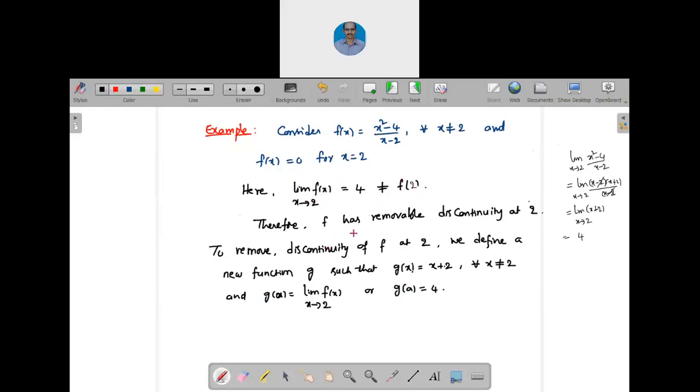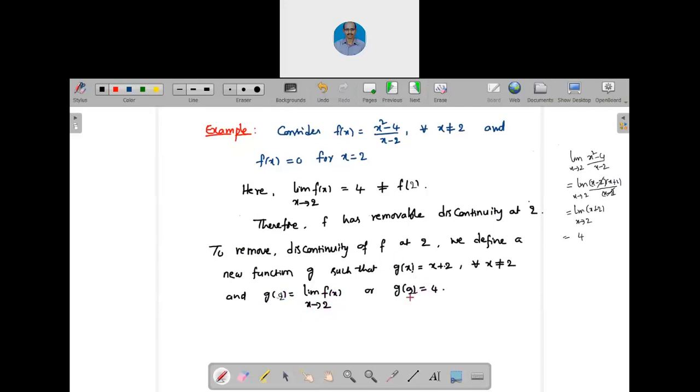Therefore, now we remove this discontinuity of f by redefining, by introducing a new function g such that g of x is equal to x plus 2 for all x not equal to 2, and g of a, that means g of 2, is equal to the limit of f of x when x tends to 2, where g of 2 is equal to 4.